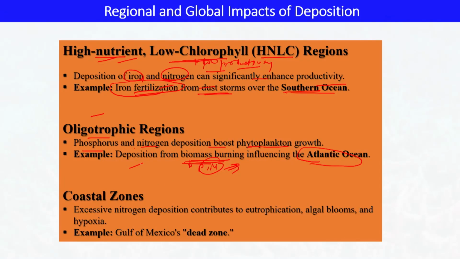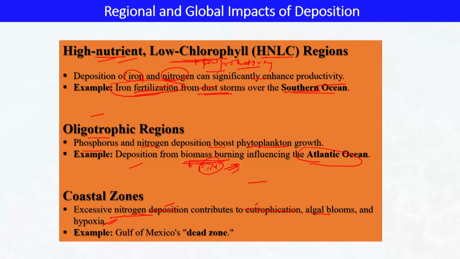Then over the coastal regions, excessive nitrogen deposition. This is also very important. If you have huge excess deposition of nutrients, what will happen? The nutrients will not be consumed by the phytoplankton or the living organisms that are there, and this can cause situations like eutrophication, algal blooms, and then hypoxia.